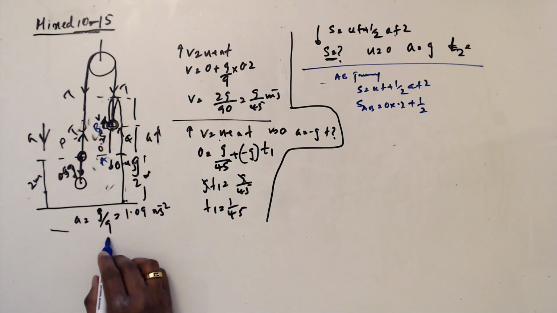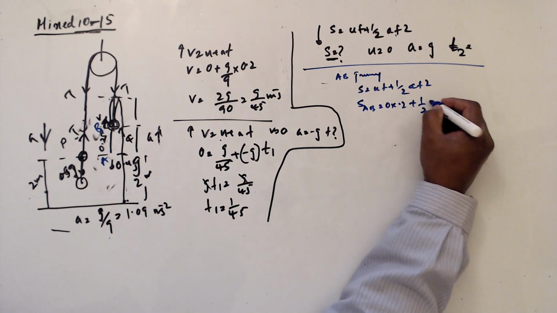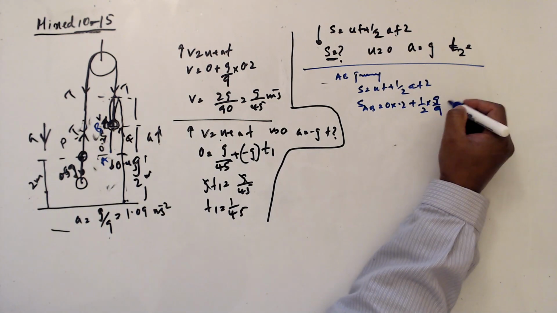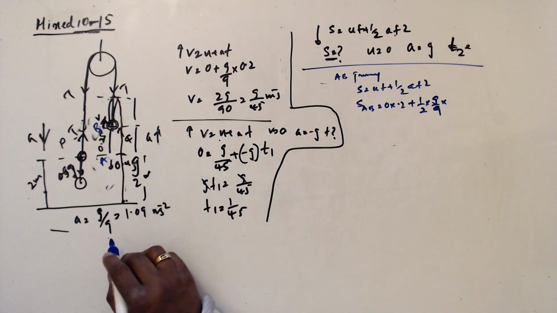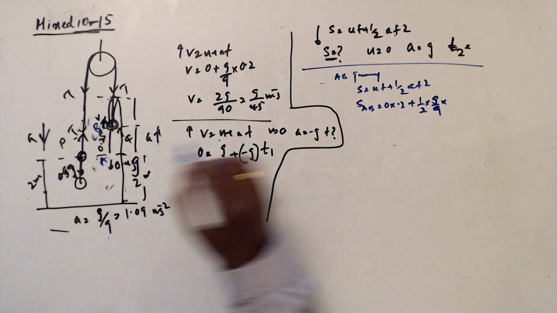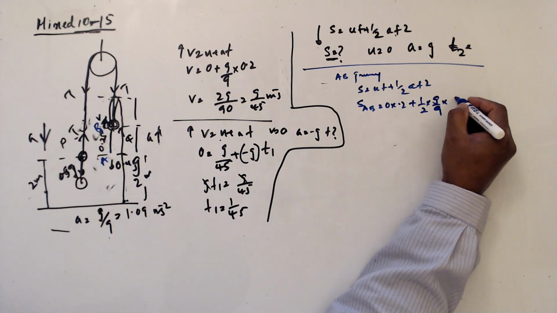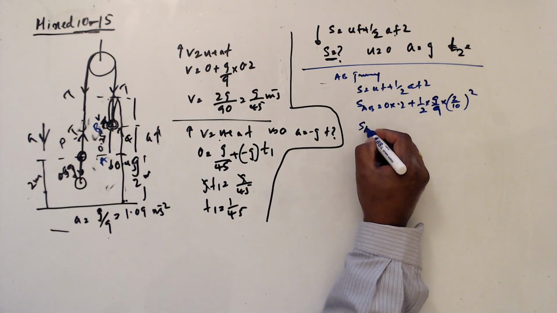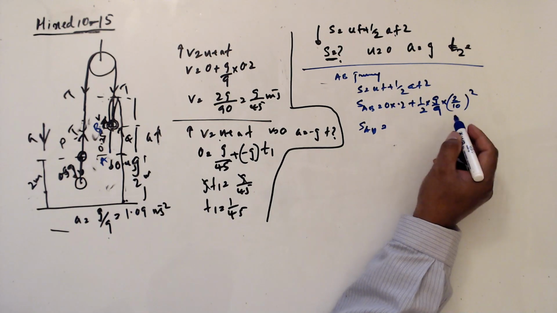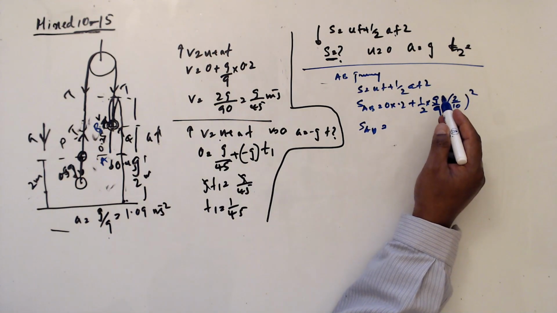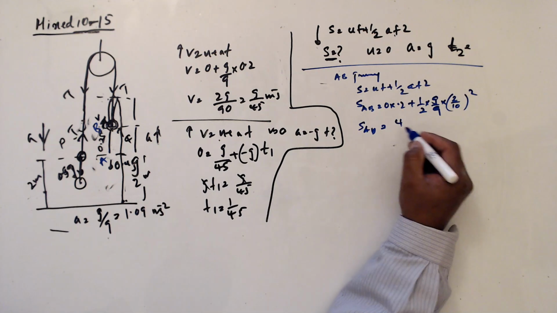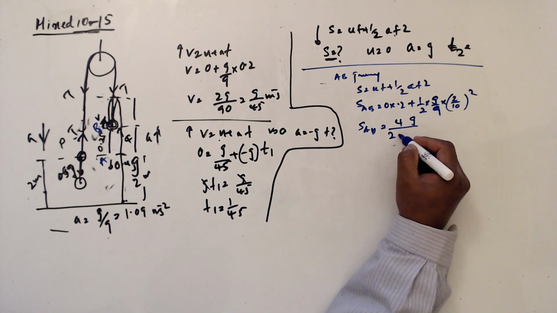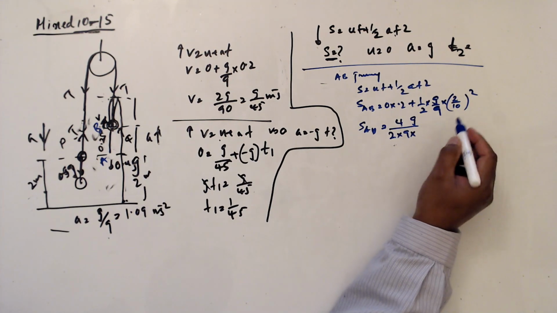We know that a is g over 9, g over 9, times t squared. t is 0.2, so 0.2 means 2 over 10, squared. So S_AB equals, so this is going to be 4 g over 9, and this is 100.